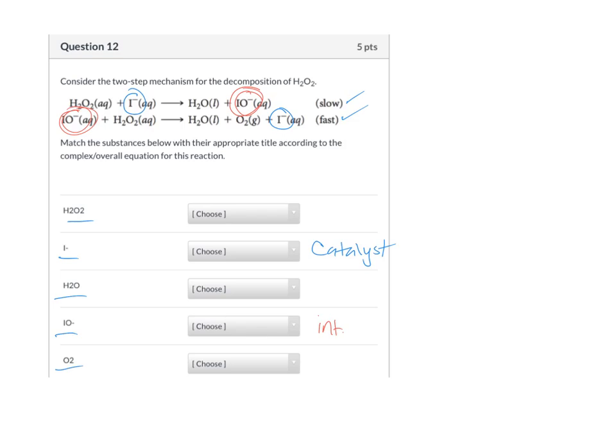So a complex reaction, we have H2O2, H2O2 as our reactants, two of them, decomposing into two waters as products, and an O2. So, reactant, product, product. That's the answer.